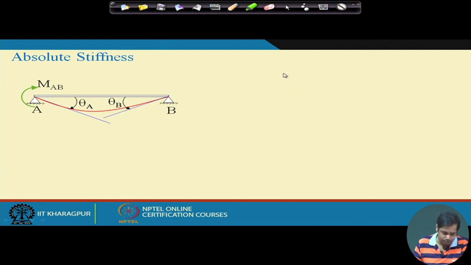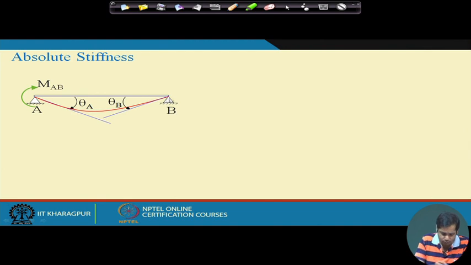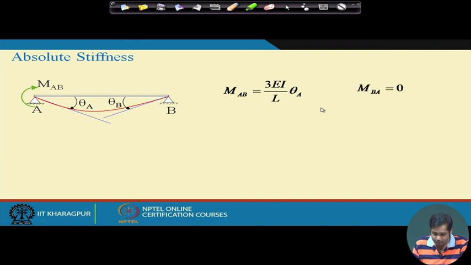In the last example, the support was a fixed support. Now, let us make it a hinge support. Both supports are hinge supports, and another moment MAB is applied at theta a. We have already seen that MAB is equal to 3EI by L, and MBA is equal to 0, because it is now a hinge support.